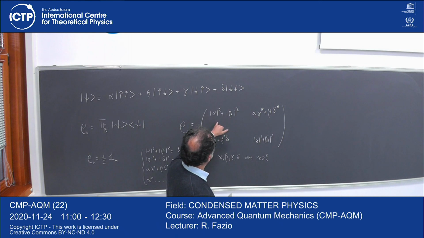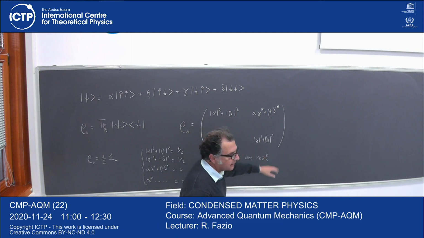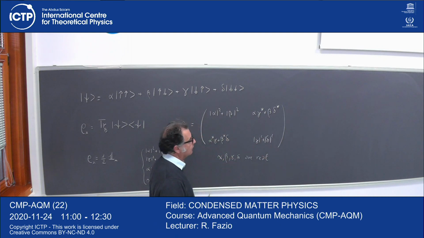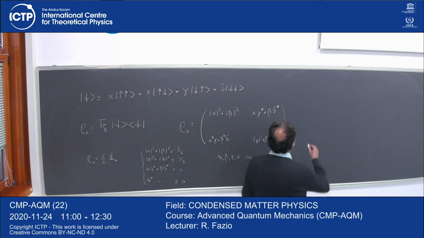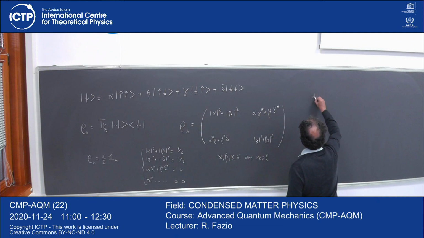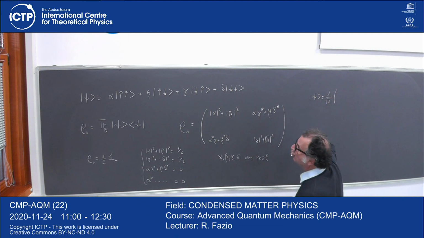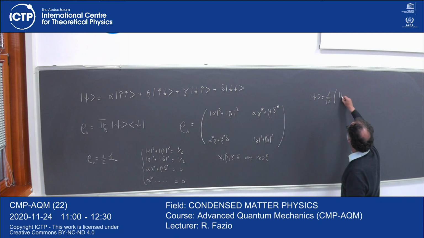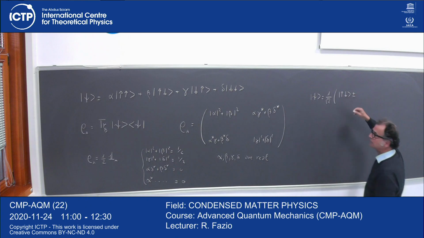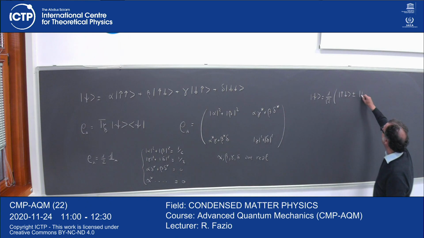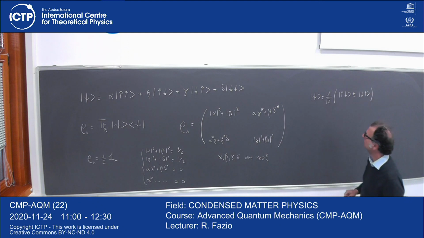And then you have to take beta and gamma equal to 1 over square root of 2. And so this is the state psi, which is equal to 1 over square root of 2 of up down, plus minus down up.